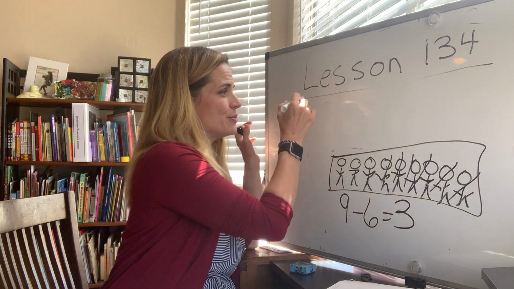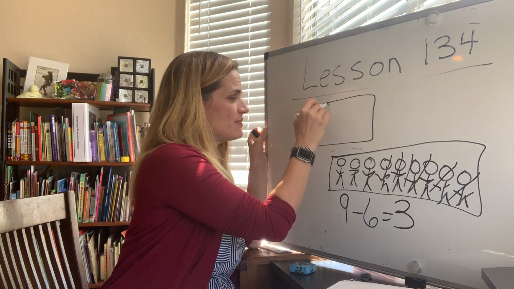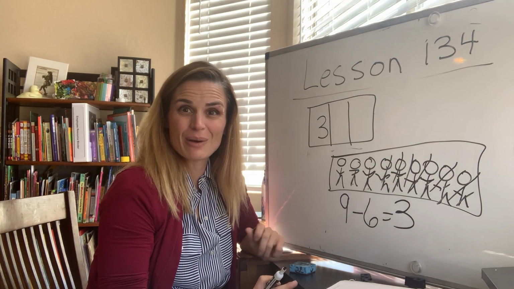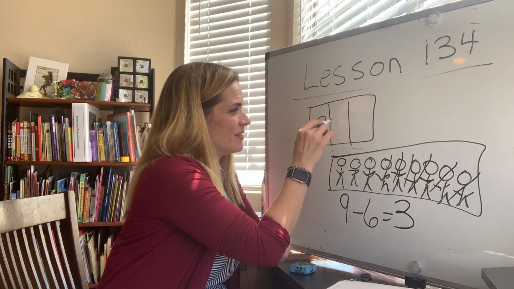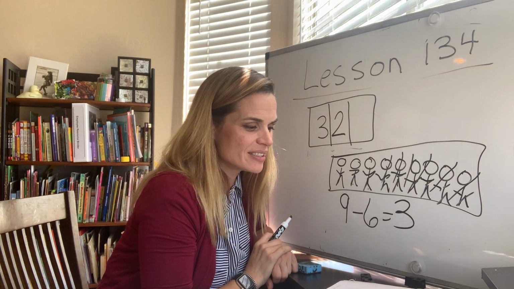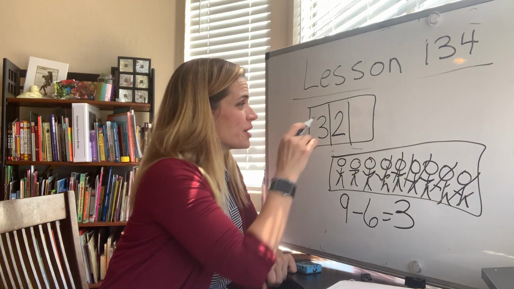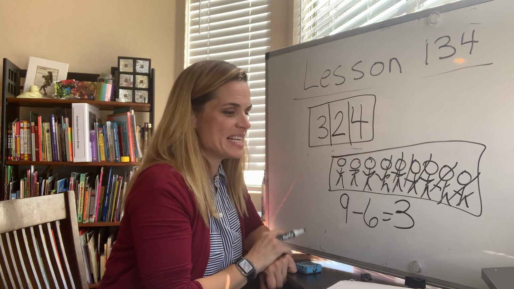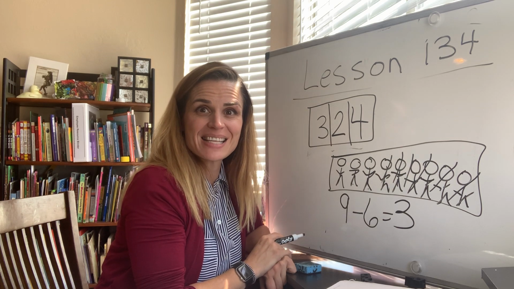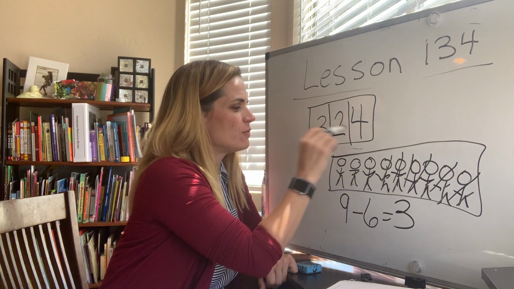Good. If we were doing place value, 300 pennies. This is a great way to write it. 2 tens, and how many ones? 4. Good job. 4 pennies. So we have 324 pennies. That's how we read it, 324.